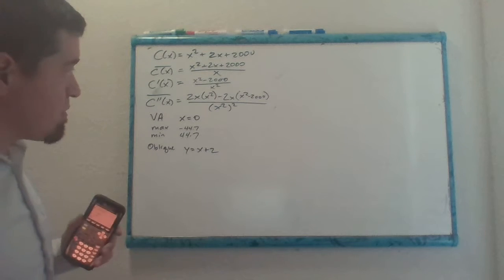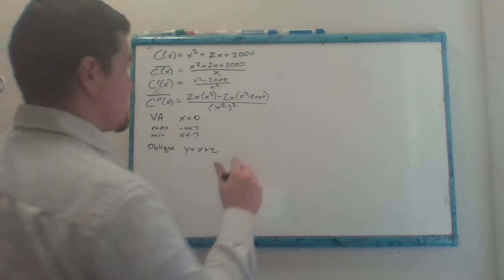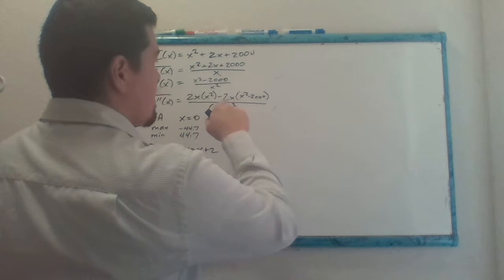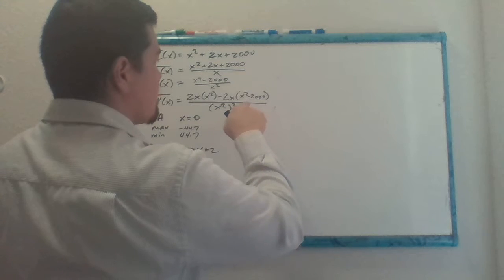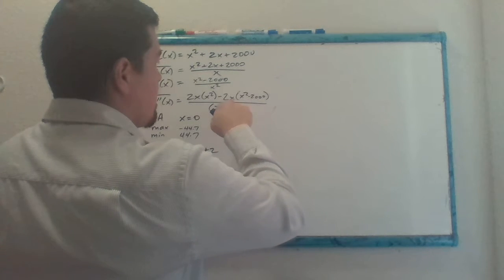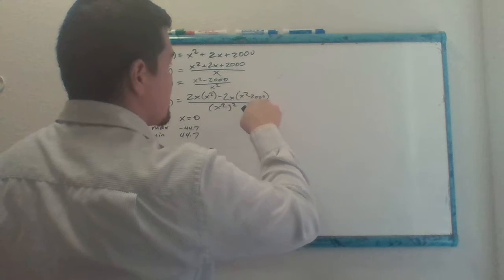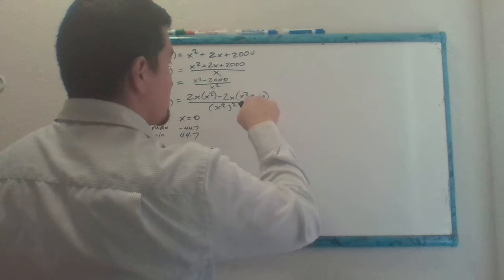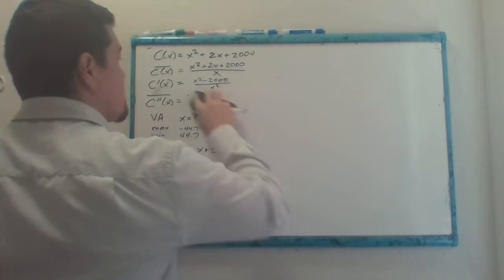And I think I had an easier form of the second derivative. Let me get that. It should be x to the fourth plus 4,000x, so it's 4,000 over x to the third. Yeah, you have it there, 4,000 over x cubed.